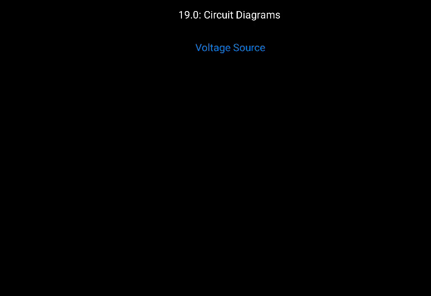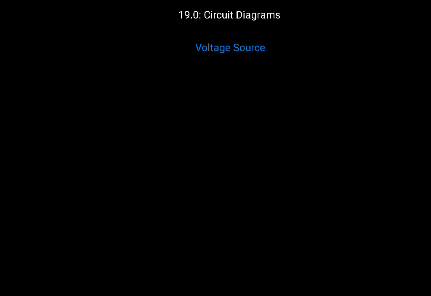Now, on the last slide, I mentioned that scientists like to be really, really precise, and when we draw something, we want to draw it the same way every time, so there's no ambiguity about what we're talking about. And one of the biggest areas that we see that is if we tried to draw pictures instead of these diagrams for circuits, the battery sources, the voltage sources, are going to look different even though they do the same thing.